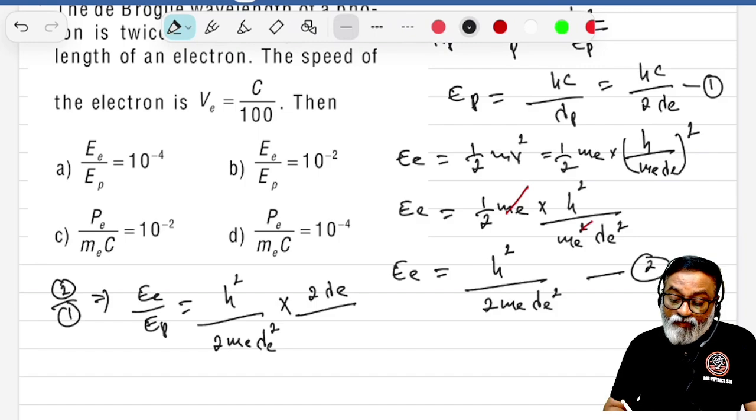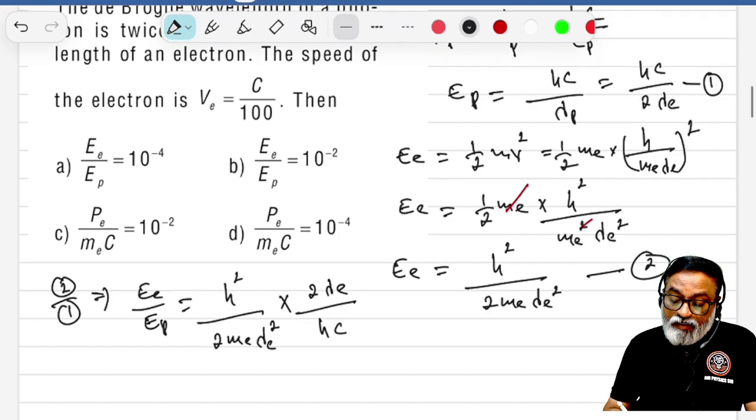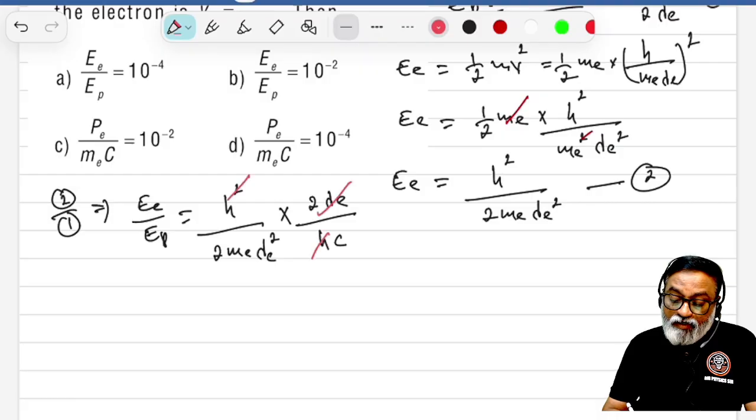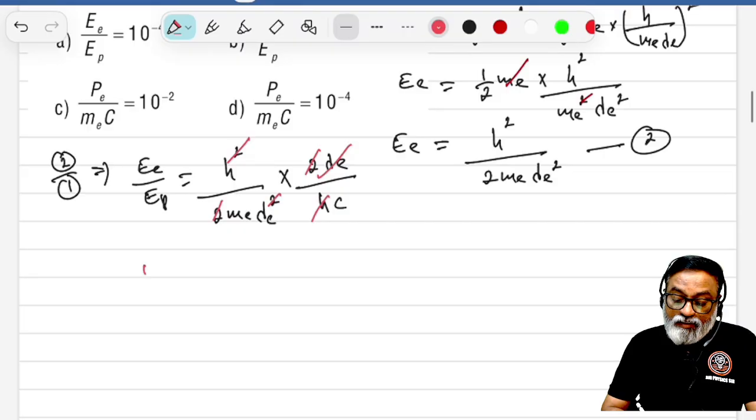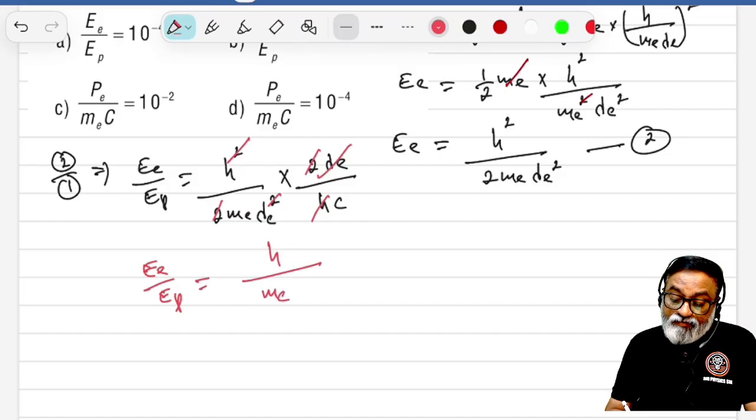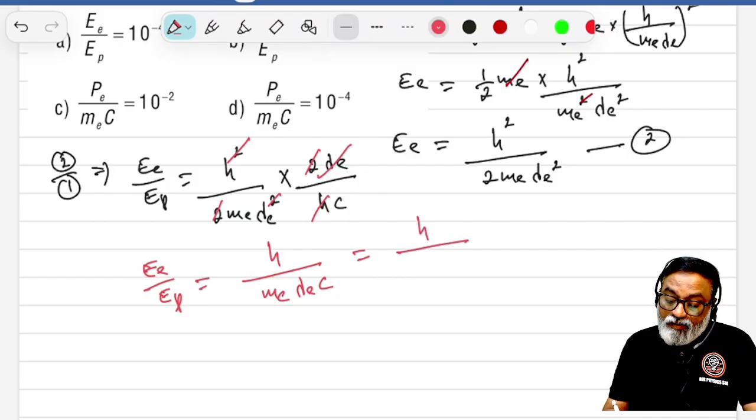Therefore here, the h square and h cancel, one lambda e cancels, and 2 cancels. Then energy of electron by energy of photon is equal to h by m e into lambda e into c, that is equal to h by m e lambda e, where lambda e is the de Broglie wavelength of electron, that is equal to h by m e into c.